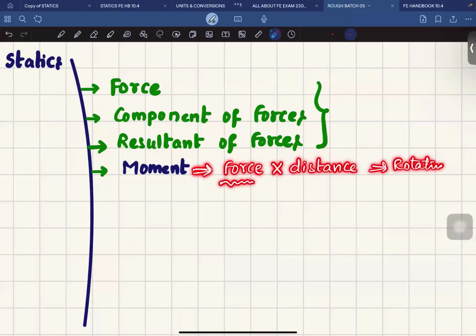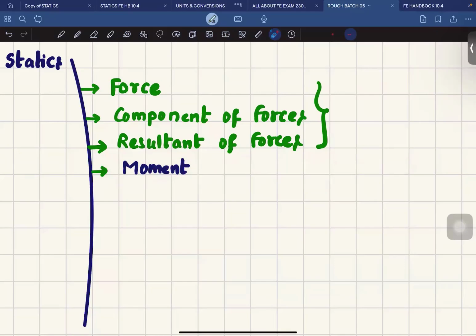So when you apply some force at some distance from the axis of rotation in order to rotate a body, this phenomenon is known as moment, and mathematically we do it as force into distance. Can you give some practical examples, guys, where you can see moment in day-to-day life? There are plenty. I know you can answer this.